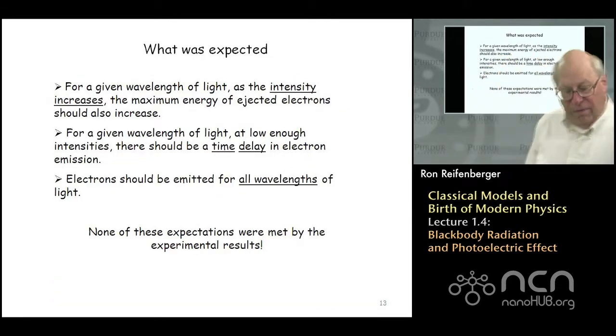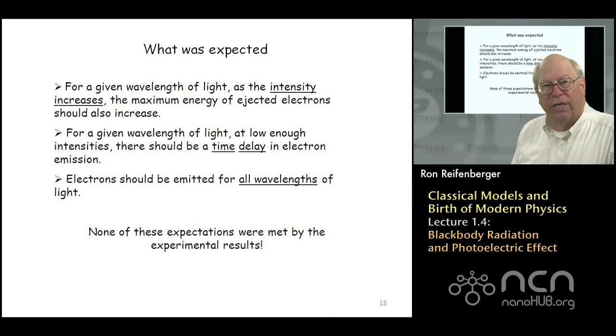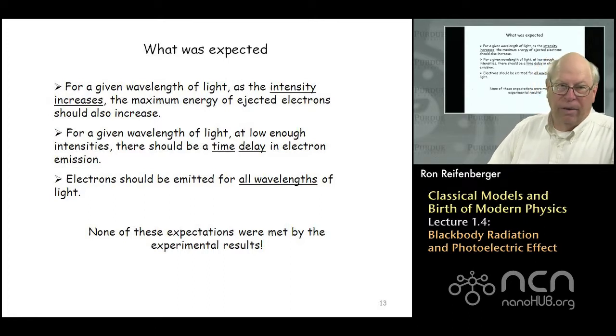So, what sort of results might you expect based on Maxwell's theory of electromagnetic radiation? Well, if you focus on monochromatic light, that means light with a fixed wavelength, so only light with a specific wavelength illuminates the target. You would expect, based on Maxwell, that as the intensity of that light increases, the maximum energy of ejected electrons should also increase.